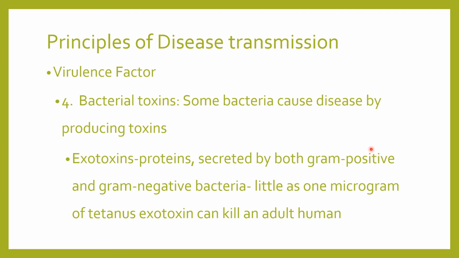As little as 1 microgram of tetanus exotoxin can kill an adult human. You see how powerful it is. Tetanus is an exotoxin, and it is produced by a gram-positive bacteria.